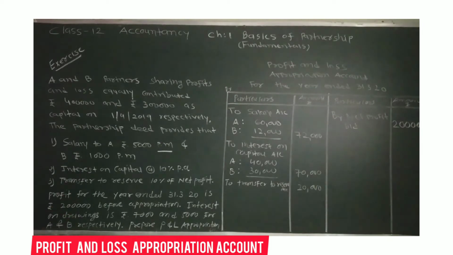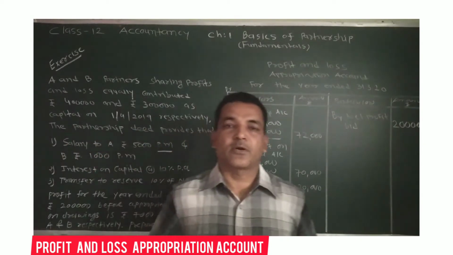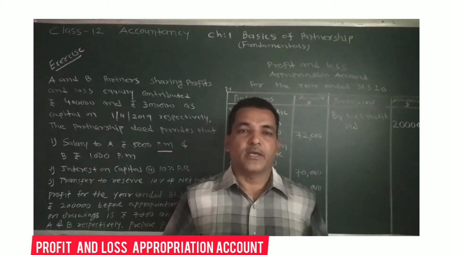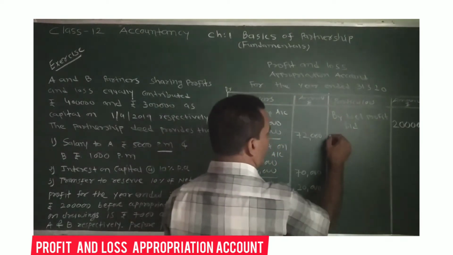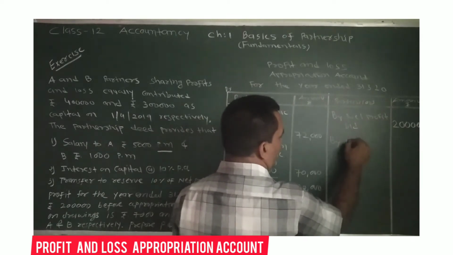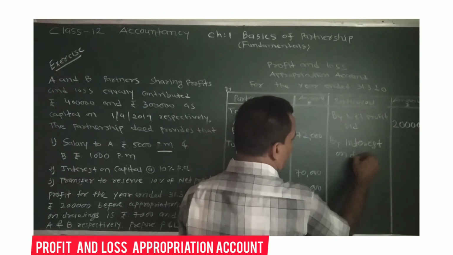Now one more point is given. Interest on drawing rupees 7,000 and 5,000 for A and B respectively. So the amount of interest on drawing is readymade given, and that we will write on the credit side of the appropriation account, interest on drawings account.